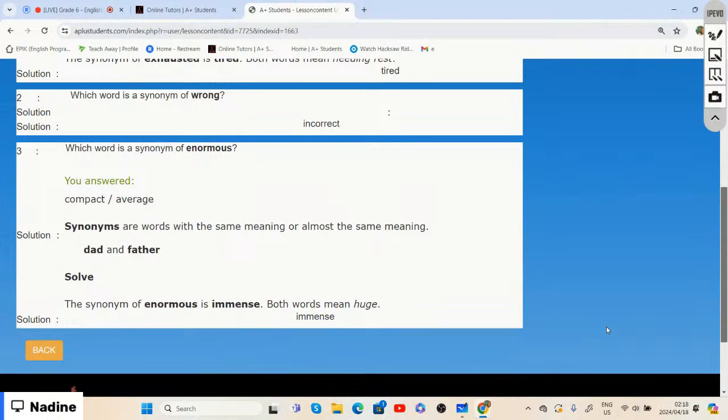So the word enormous is the same as saying it is immense, right?